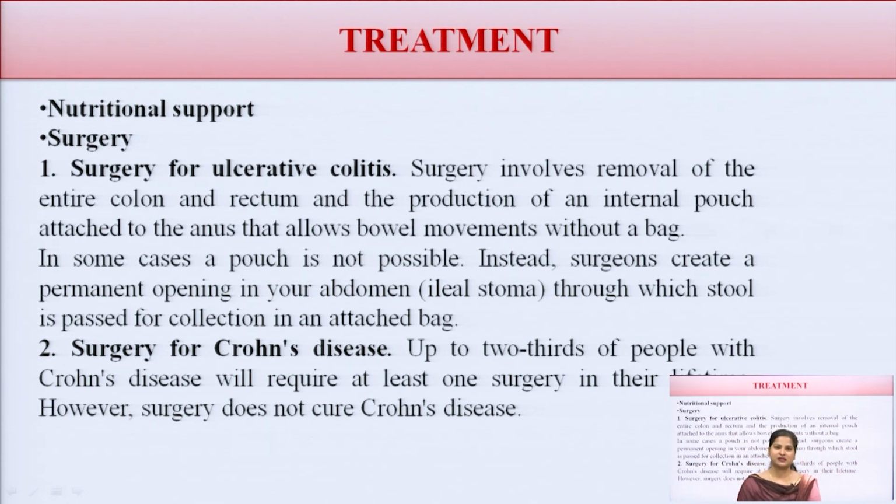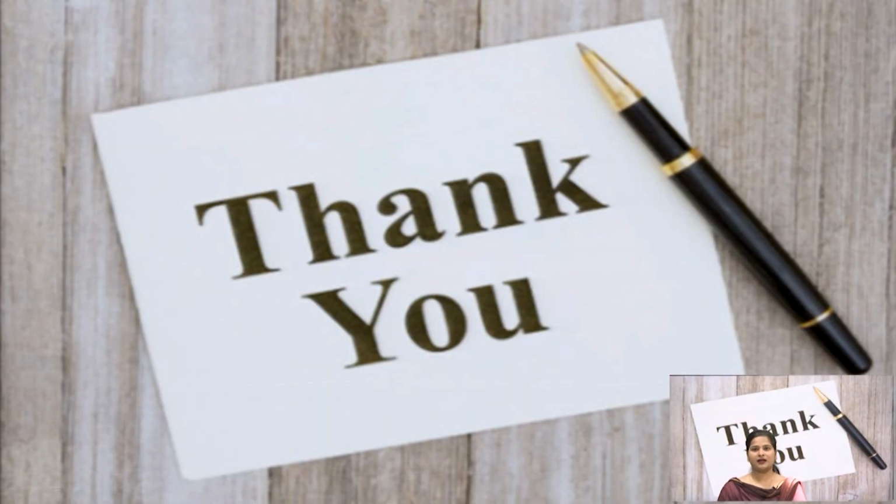The last one is surgery. If a person is not able to overcome or heal from these kinds of disease, the person goes for surgery. There is surgery for ulcerative colitis, and surgery of any part of the digestive system where Crohn's disease or ulceration occurs.